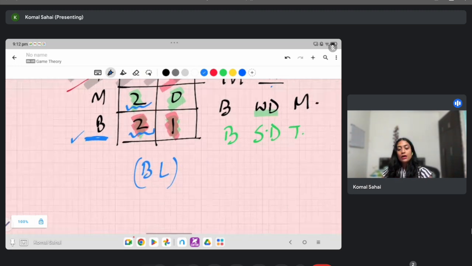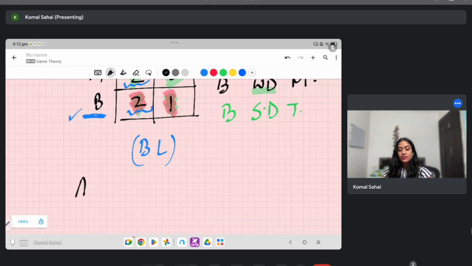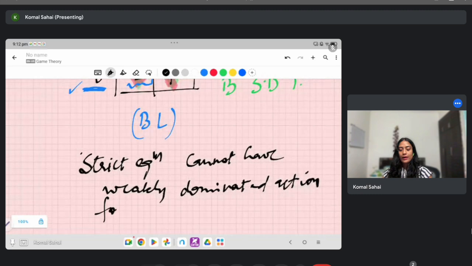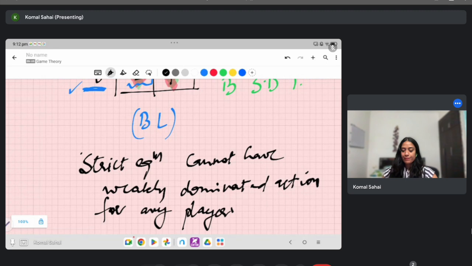So basically strict equilibrium cannot have weakly dominated action for any player, right? But a non-strict equilibrium allows for weakly dominated actions. All right.